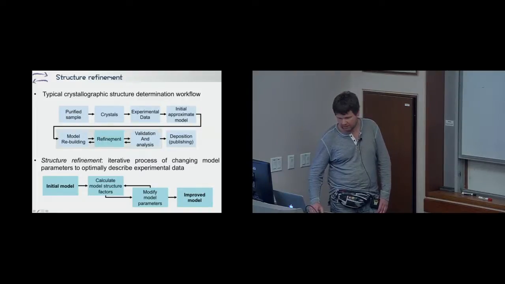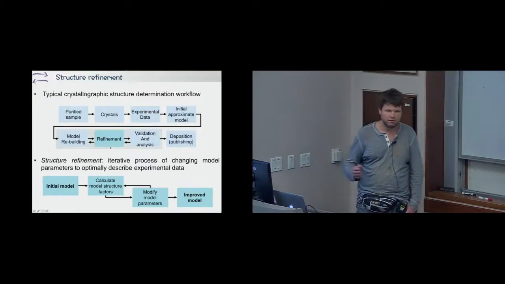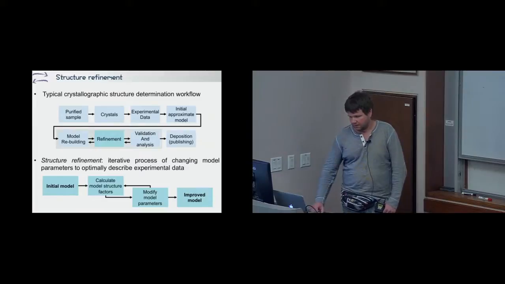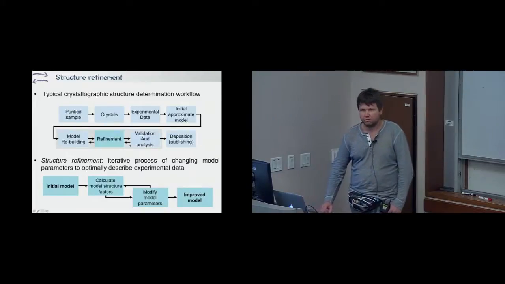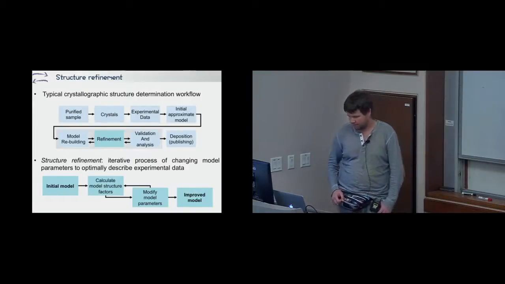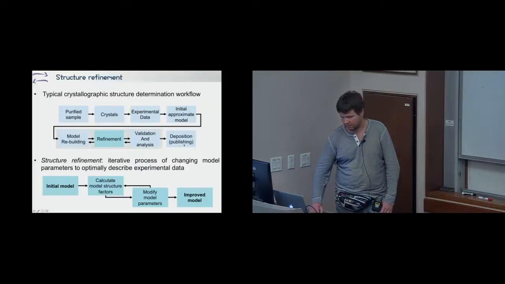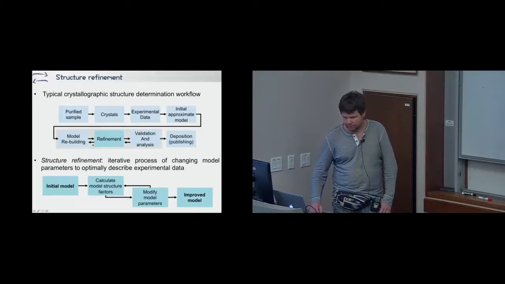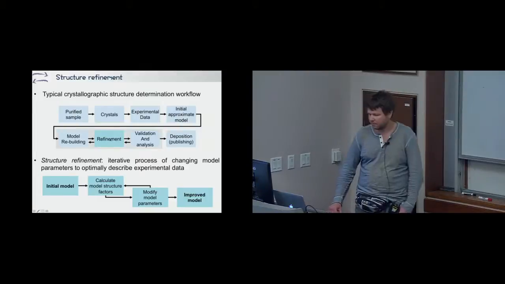Then you have a step called refinement, where you go back and forth between model building and improvement, which is refinement. That is tightly integrated with structure validation, so you don't want to overlook errors and carry them on through the entire process of structure solution. And then finally, you publish a structure. So in this paradigm, refinement is just one piece of this chain.